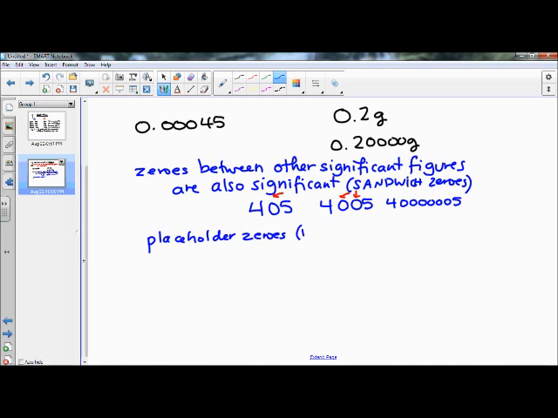Placeholder zeros are the ones that occur before the first non-zero number. For example, these right here are placeholders.